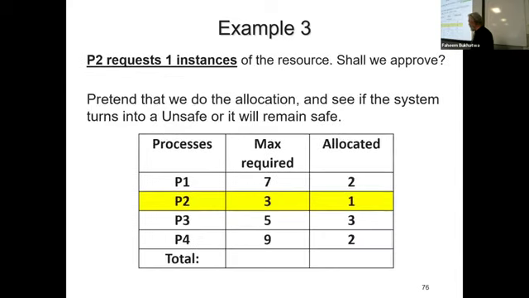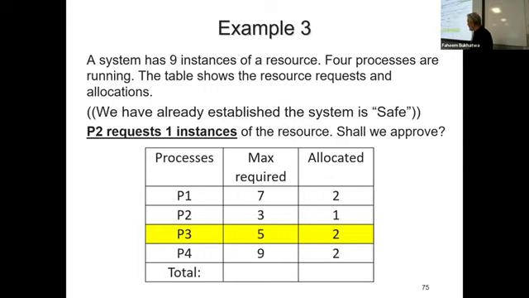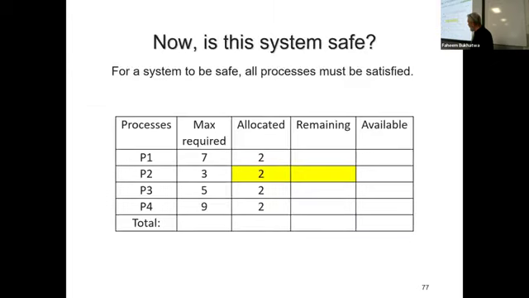So if we give that resource, yes, now it has 2 resources. So we need to work out the remaining 5, 1, 3, 7. And how many is available in our store? Well, they allocated 2, 4, 6, 8, 1.